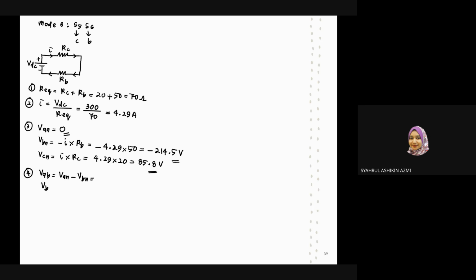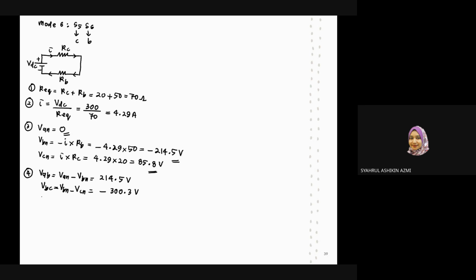Okay, let's say that I just proceed in finding line to line voltage if let's say that is needed. So VAB will be equals to 214.5. VBC will be negative 300.3. Okay, negative 300.3.